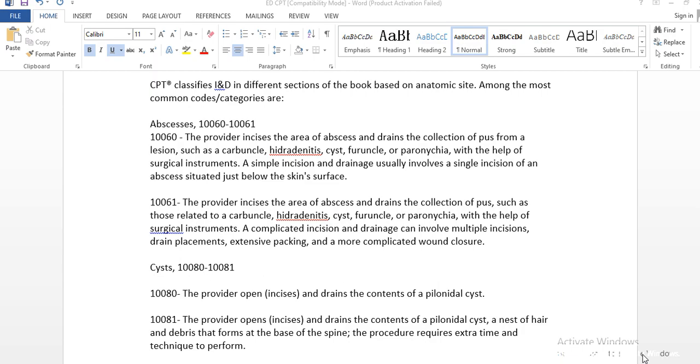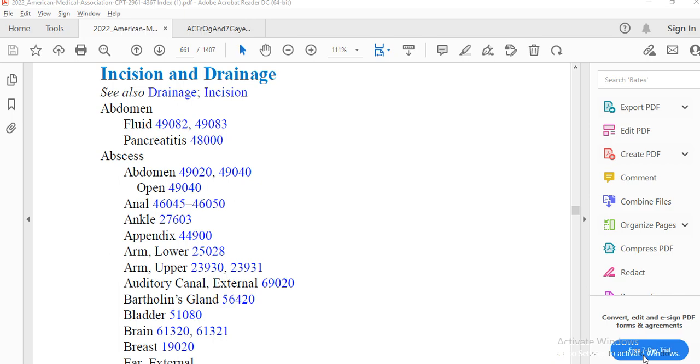CPT classifies I&D in different sections of the book based on anatomic site. Among the most common codes and categories, we will check first how many incision and drainages are there in the CPT book. If you see in the CPT index, incision and drainage, among all these areas we may have an abscess. See here, abdomen, fluid, pancreatitis, and here abscess.